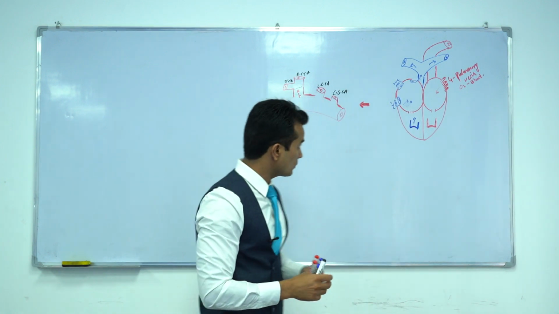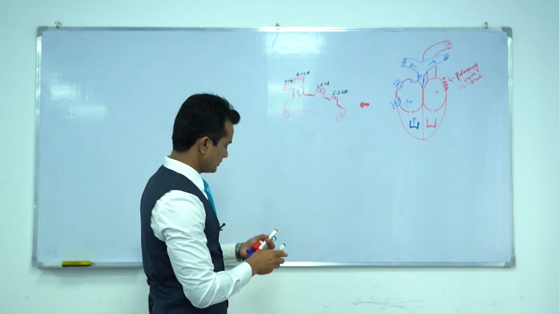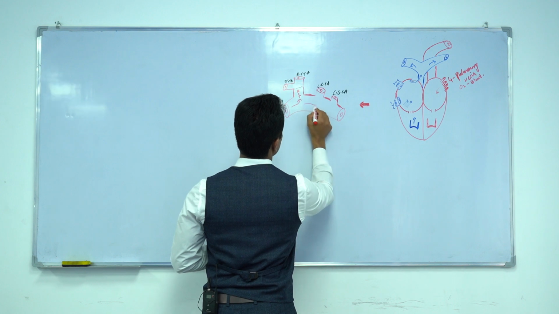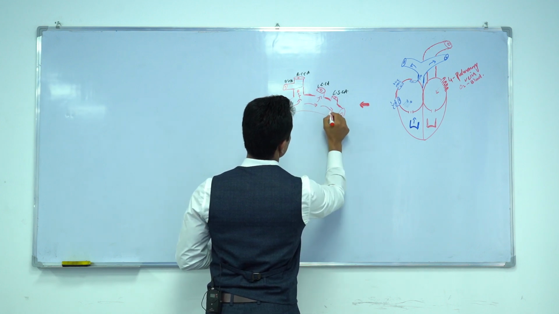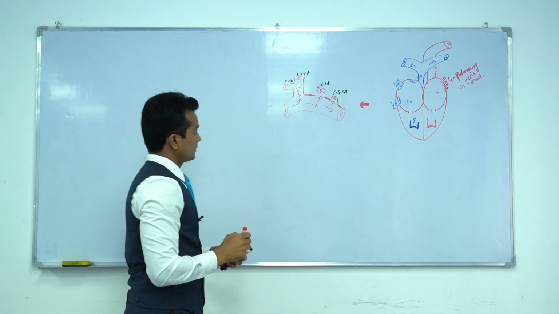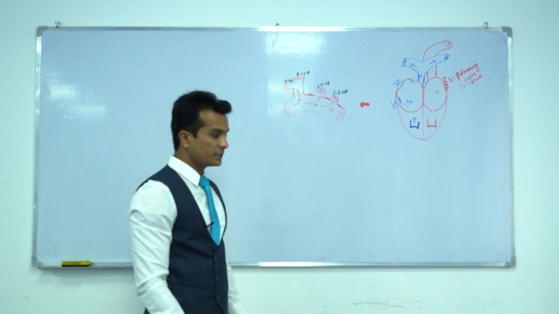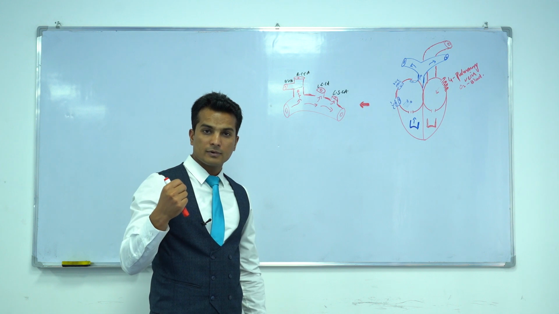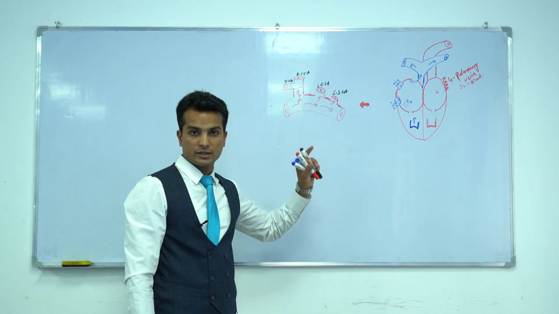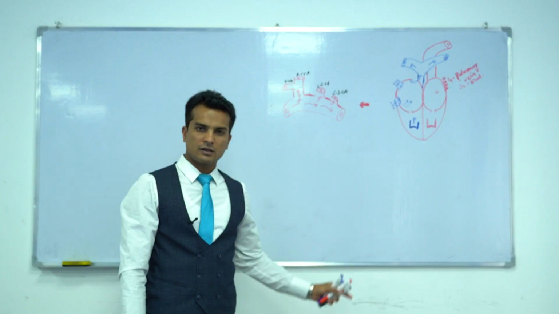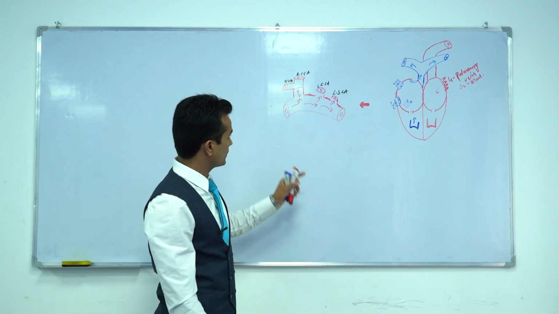Here is a very important MCQ: the left subclavian artery originates directly from the arch of the aorta. The right subclavian artery originates from the brachiocephalic trunk. The right common carotid artery originates from the brachiocephalic trunk.